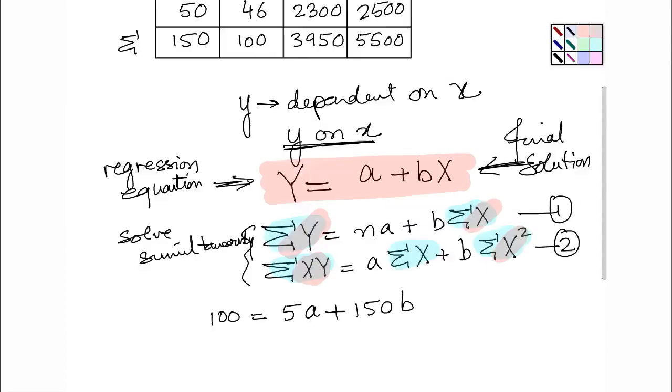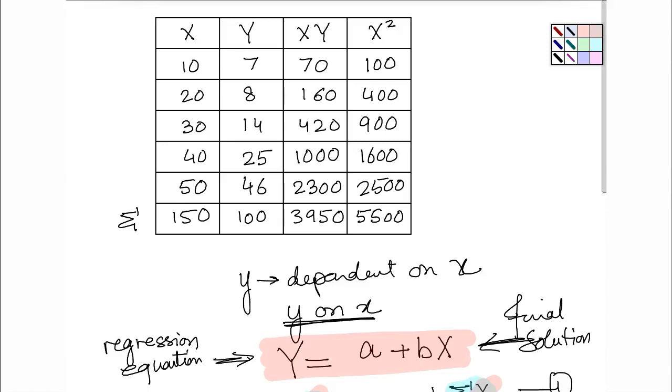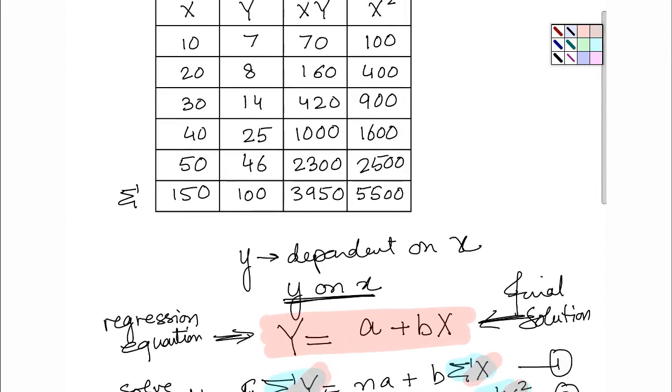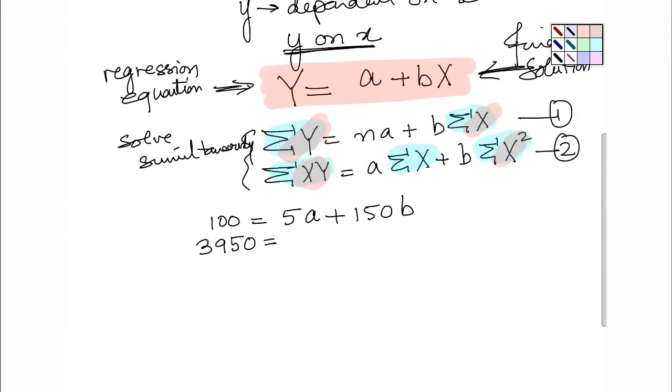Next is sigma xy. Sigma xy, we have 3950. It will be 3950 is equal to A sigma x. Sigma x was 150, so I get 150A. Then what do we have?